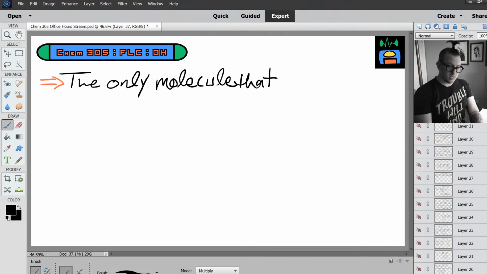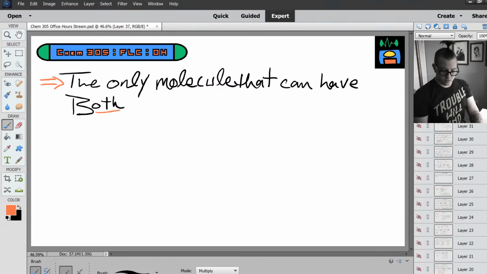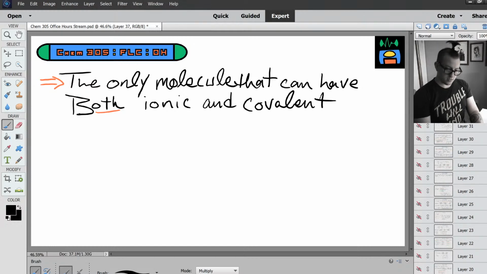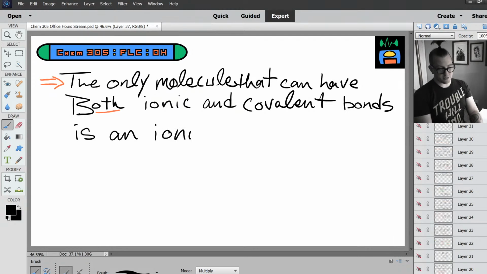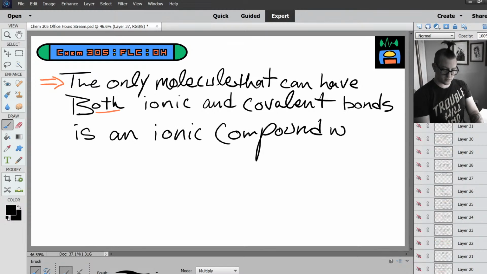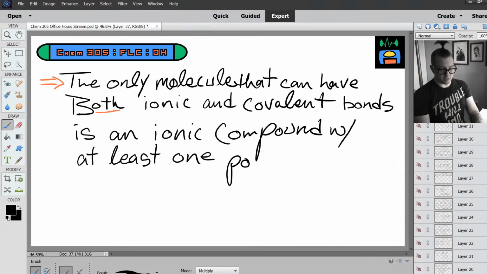All right, now the only molecule that can have both ionic and covalent bonds is an ionic compound with at least one polyatomic ion.